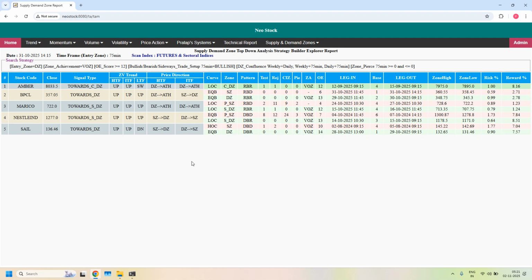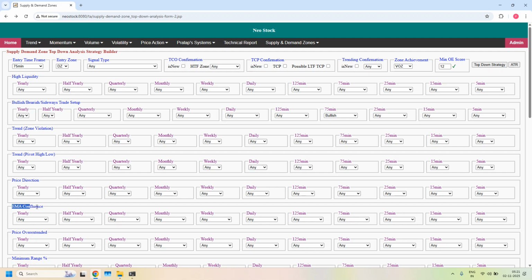we got 5 stocks. In all the 5 stocks, all the 75 minutes demand zones are overlapped with the daily demand zone, both together again overlapped with the weekly demand zone. And the weekly trend is uptrend in all the stocks. Let's further filter this list based on the weekly demand zone having weekly EMA confluence.